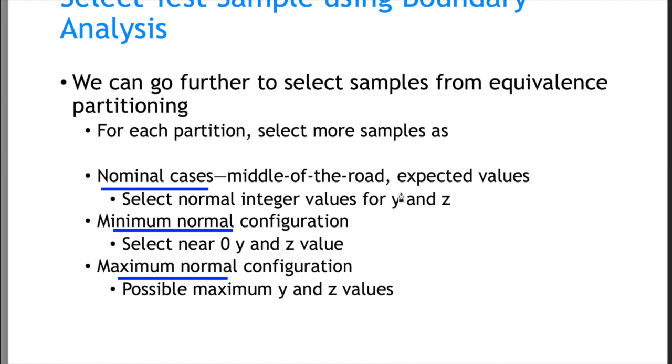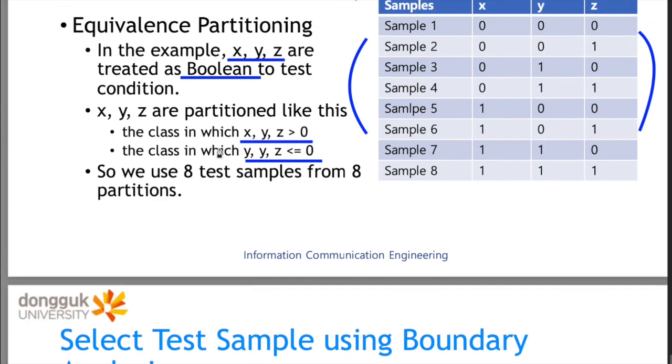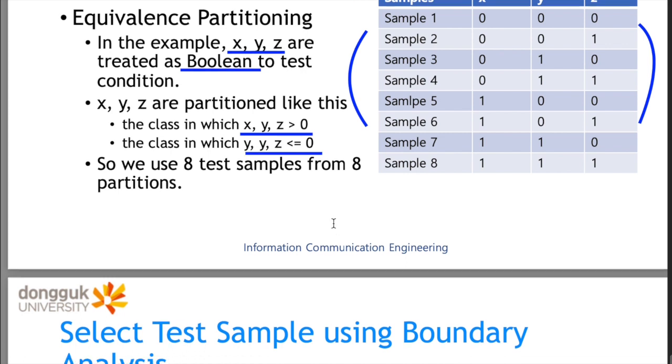Okay, the reason for using boundary analysis is that typical errors come from this stage, the minimal or maximum number. Okay, so your test data should be something like this. And for the minimal case, even though this is greater than 0, maybe you can apply minus 0.1, very close to it.